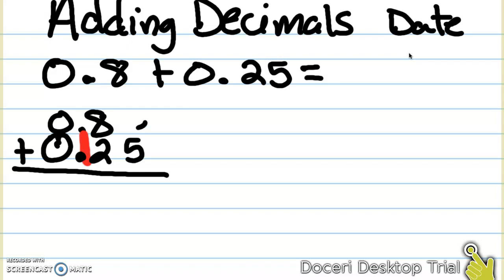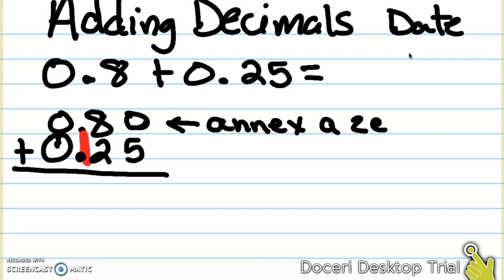So there's nothing here. I'm going to put a 0 there, and that is called annexing a 0. So I'm going to annex a 0 right there so that I'm filling in that place value. And then I'm going to just add by my place values. So I start in the hundredths, which is on the right, and 0 plus 5 is 5.